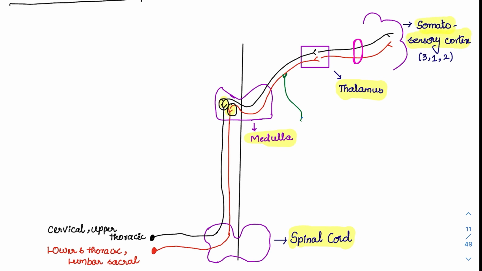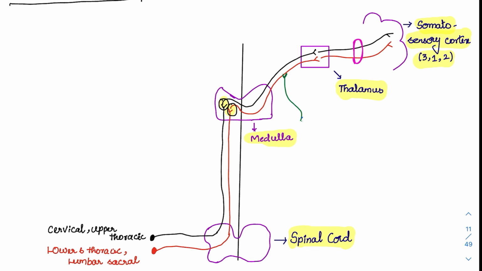The Brodmann's area of the somatosensory cortex is 3, 1, 2. Brodmann is the name of the scientist who identified various particular regions in the brain, and they have been named after him: 3, 1, 2. So this is the basic structure, starting from the periphery and reaching the somatosensory cortex.